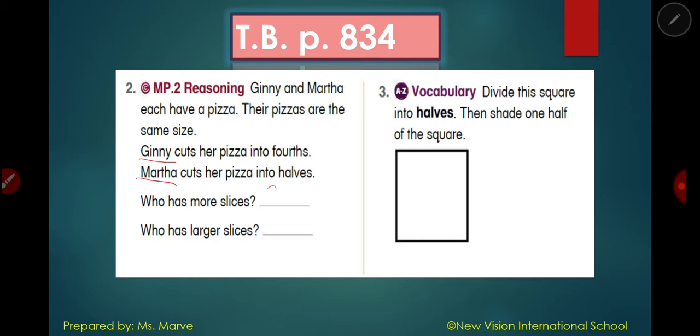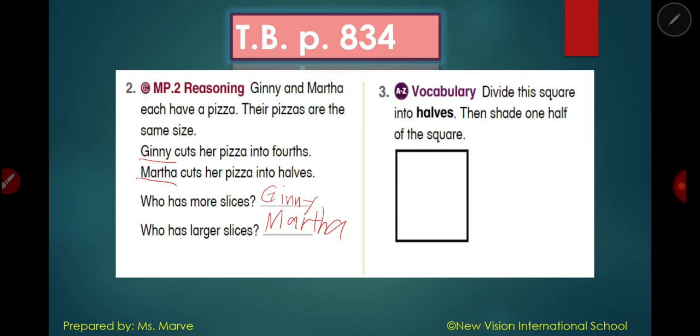Of course, it's Jeannie, because Jeannie cuts her pizza into fourths, so she has more slices. Who has larger slices? It's Martha. Why? Because Martha cuts her pizza into halves. That's why it is bigger.